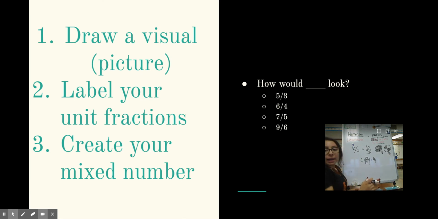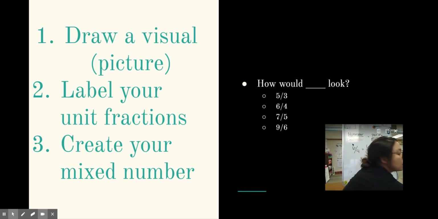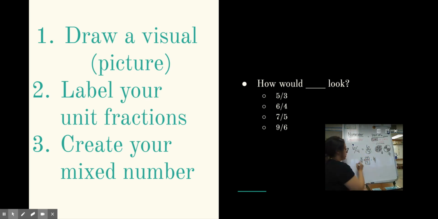So let's go ahead and make our mixed number. I'm not sure if you can see this color that well, but let's try it. Our mixed number is going to go right here. 4/4 equals 1 whole, and we have 2/4.